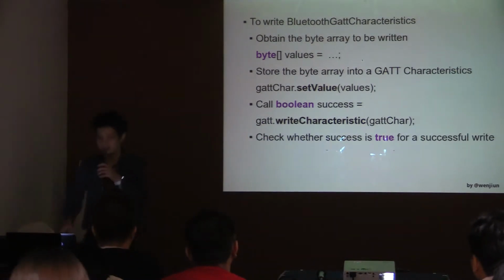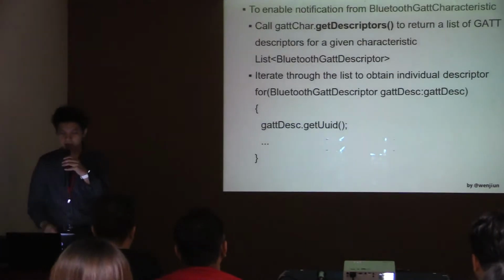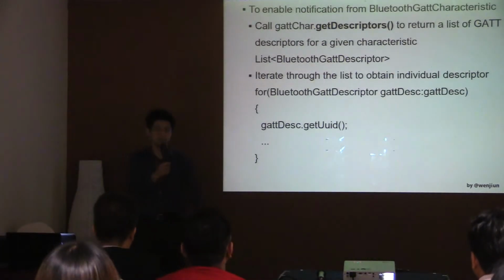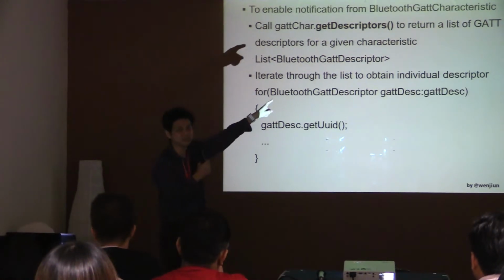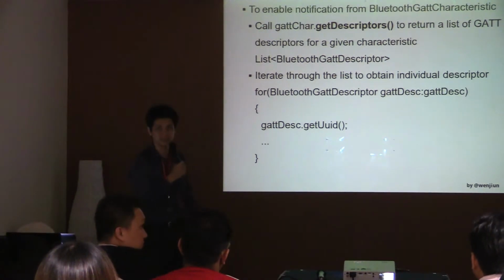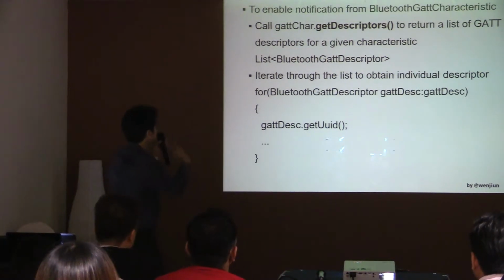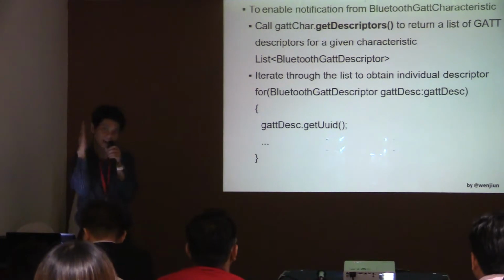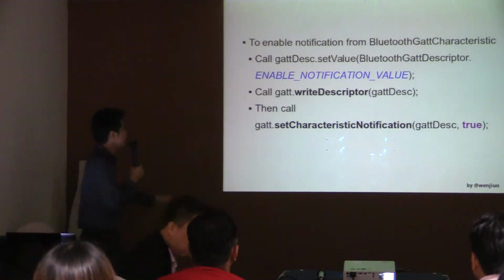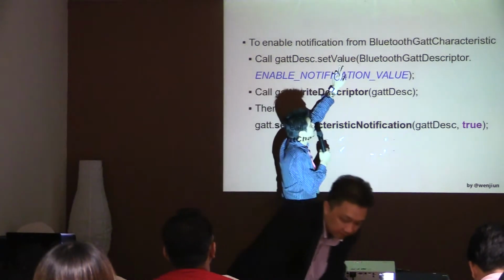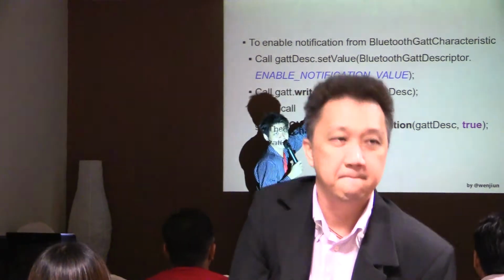Okay? And finally, the notify is longer. Why? Because notify needs a descriptor. So what you do is from the characteristic, check all the descriptors that can be notified. You go through all of the descriptors, which is the last layer, and then in the descriptor, set a value that you want to be notified.